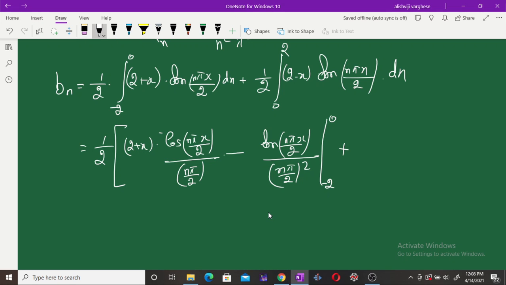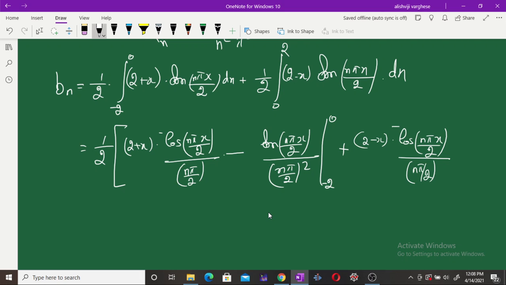Then plus, here the second case is 2 minus x into the integral of sine n pi x by 2, that is minus cos n pi x by 2 divided by n pi by 2.